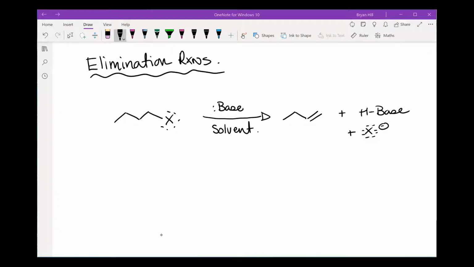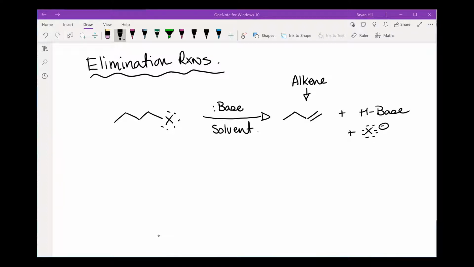So what actually goes on in an elimination reaction is we form an alkene. And the reason why elimination reactions basically go hand in hand with substitution reactions is because the components are essentially the same or very similar.